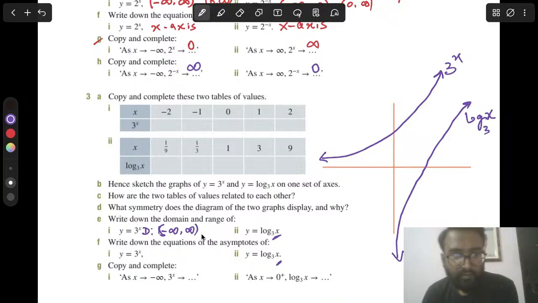What is the range? 0 to infinity. Very good. What about log x base 3? The domain is 0 to infinite. Very good. And 0 is open. It is not touching the graph.